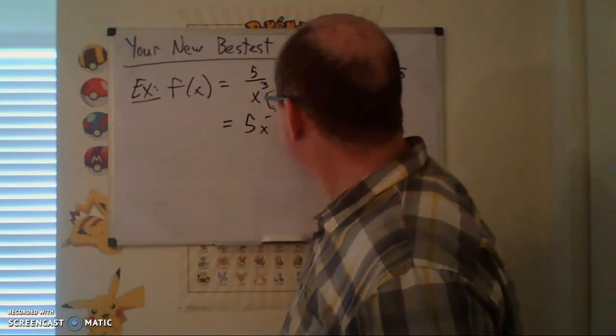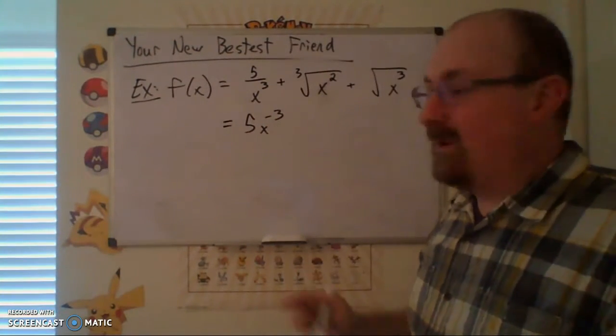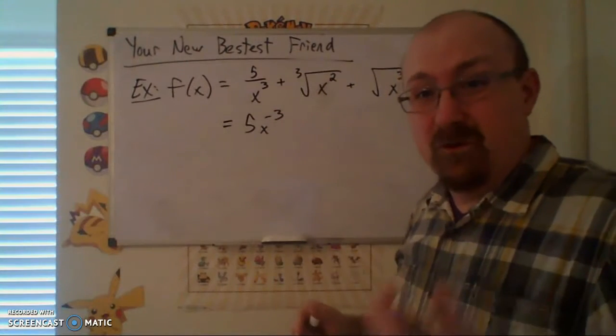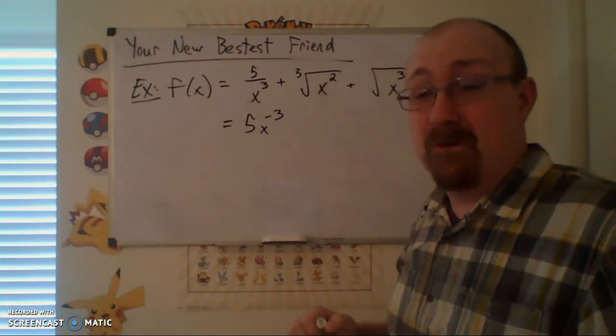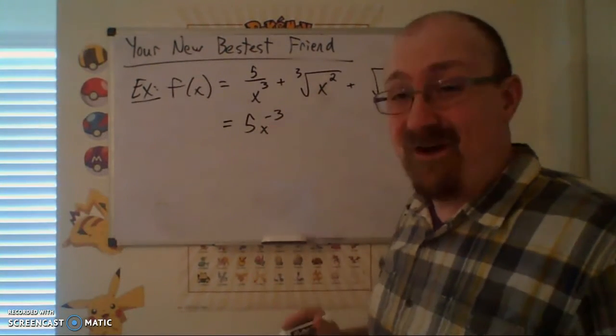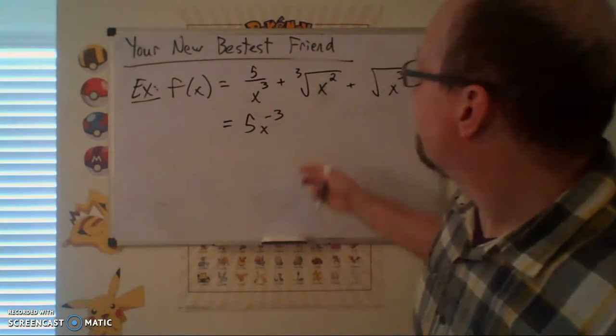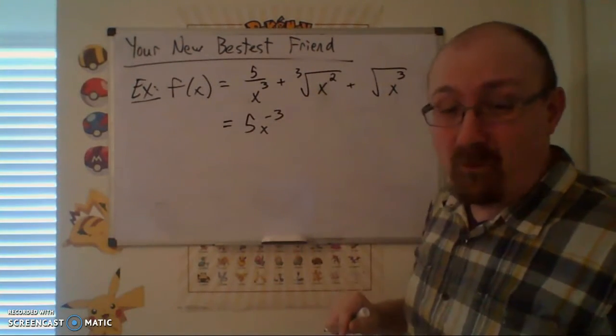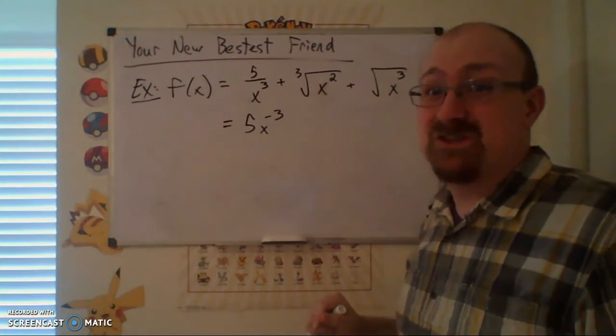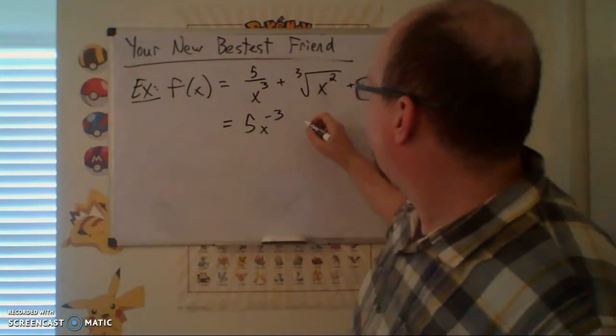So, for what it's worth, if we take something in the denominator and move it to the numerator, we have to change its exponent from positive to negative. So this is the same thing as 5x to the negative third. Also, we've talked about this before, root expressions like this can be expressed using fractional exponents.